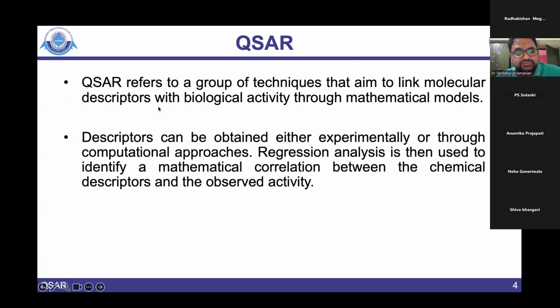We have a set of compounds and their activities, and we try to connect the activity of a particular molecule with its structure by the use of mathematical models.